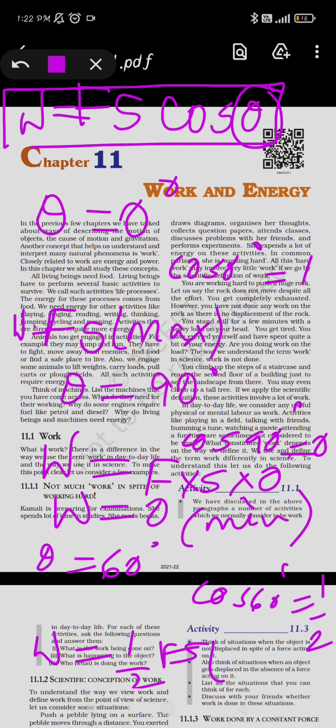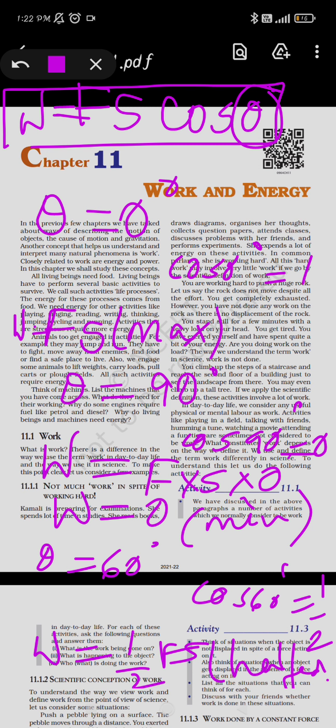So now your work done is not that much maximum, not that much minimum also. So if you want to make your work done minimum, like you don't want to work, you have to do that work at the 90 degree angle. That means if you want to take that book or that luggage, you should put it on your head, or on the top anywhere. At that time the work done will be taken as 0.